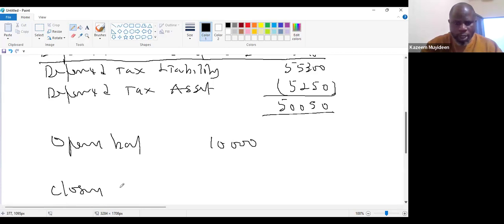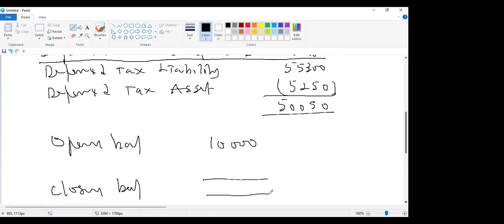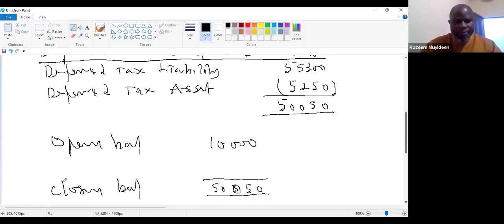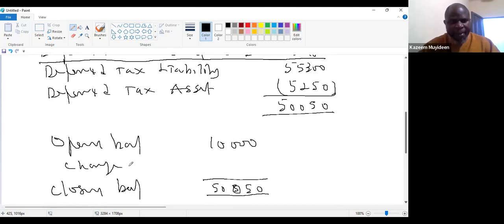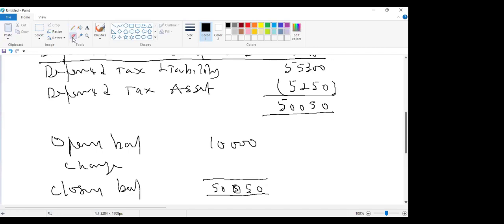Closing balance 50,050. What is the charge now? 40,050. Yes, but in the exam, anybody that has done that is wrong. Why?